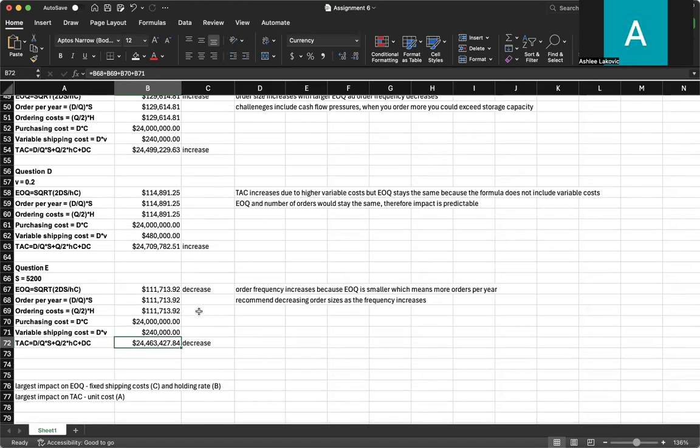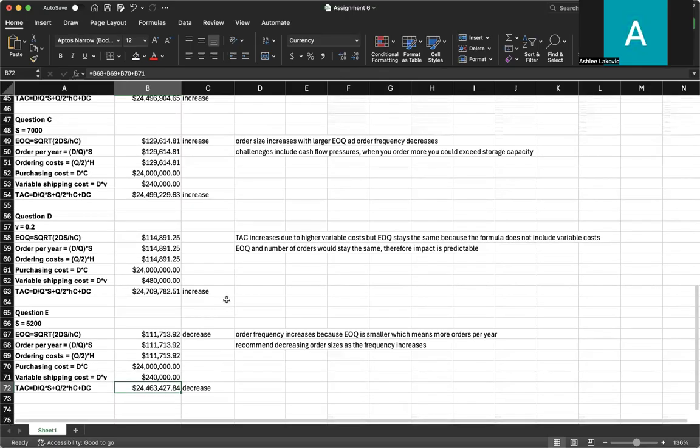The reason for this is because the order frequency increases. So when EOQ is smaller, it means that more orders are going to be placed per year. And we recommend decreasing order sizes as the frequency increases, so that you're not dealing with, again, storage issues or cash flow pressures.